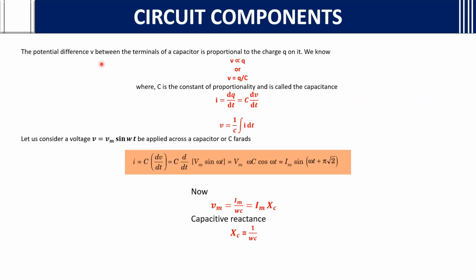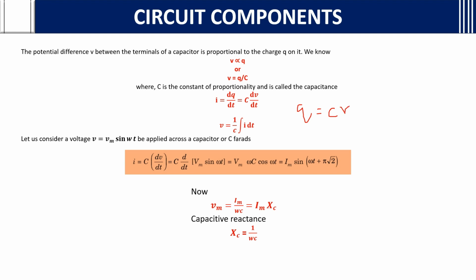The potential difference V between the terminals of a capacitor is proportional to the charge on it. V is proportional to Q, or V equals Q by C, as we have seen before. C is the constant of proportionality and is called the capacitance. I equals dQ by dt. We know that Q equals CV.